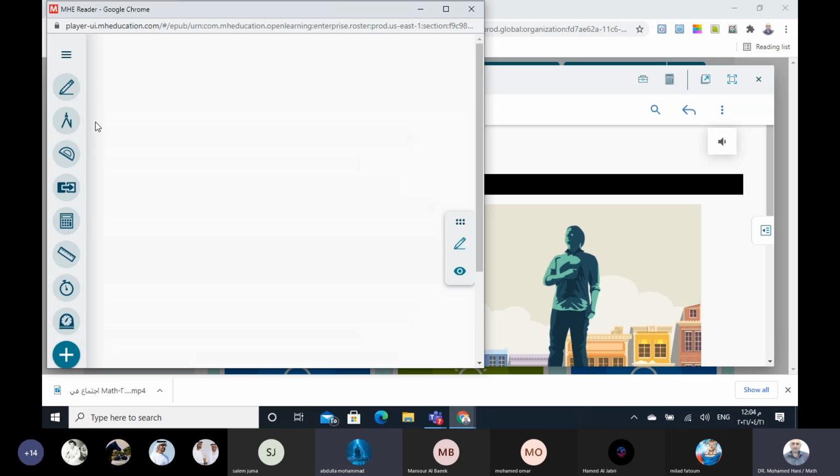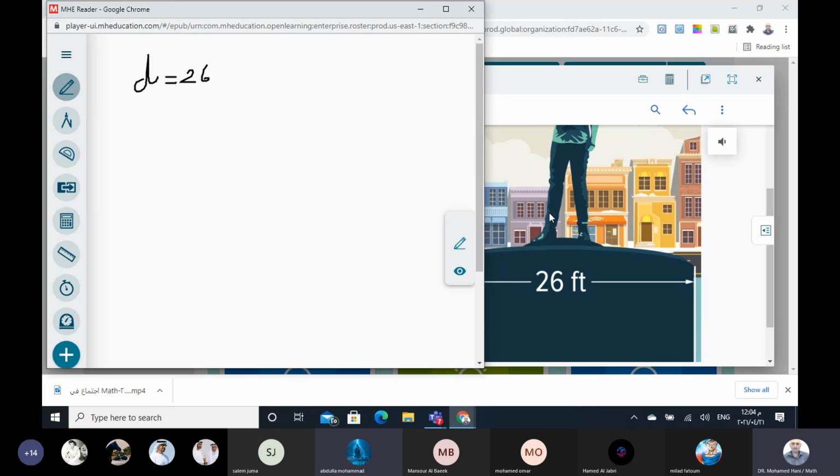First of all, Mister, we times 26 by square, then we multiply it by 3.14, and the answer will be 2122.64. Okay, thank you, Abdullah. As you see, the diameter is 26 feet.